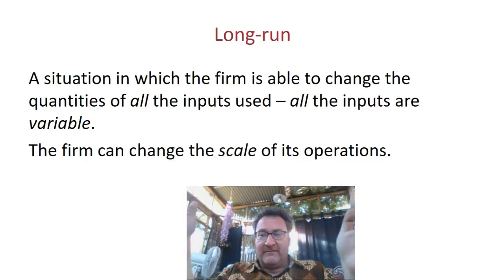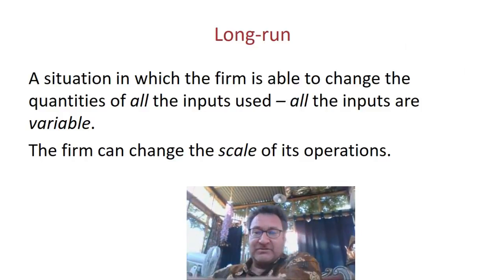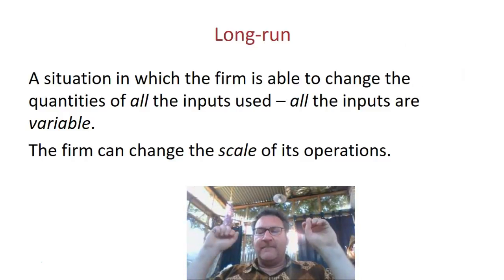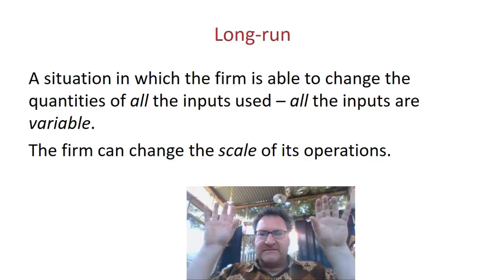But in the long run, that's a situation where the firm can extend the size of the factory and put in more machines. Or it can build an entirely new factory next door and fill that with machines and workers and raw materials. So this is the long run.